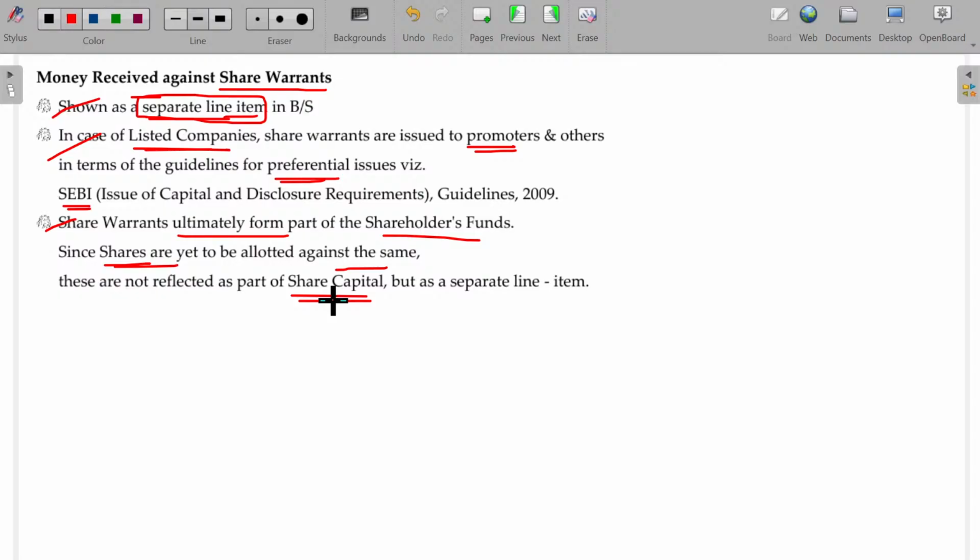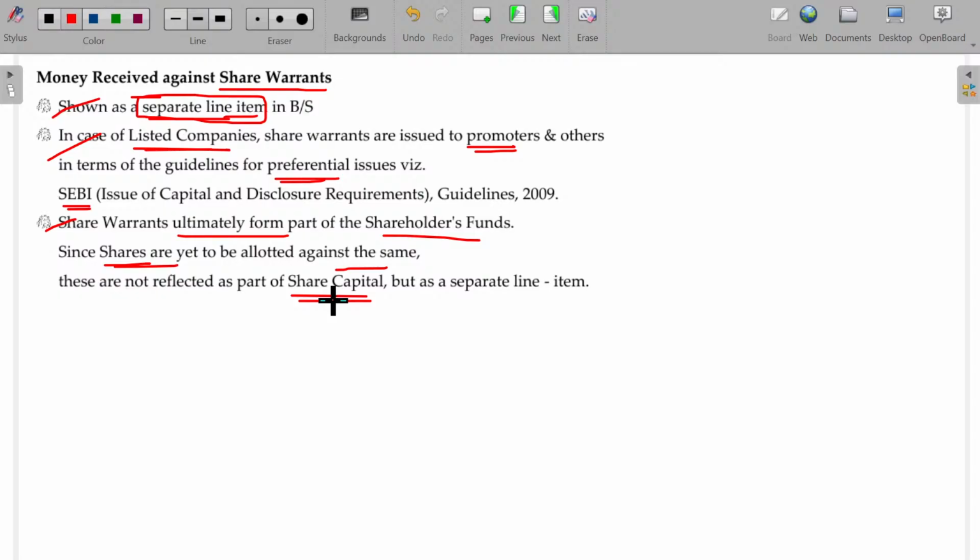You now have the coupon. You have to convert the coupon into share capital later on. Until that period, it remains a coupon only. The coupon is now the share warrant. Say I have given you a coupon to purchase a TV from a showroom. The TV may be 50,000 rupees, but the coupon is only 10,000 rupees. I give you this coupon for 10,000 rupees. Okay, you can go and convert your coupon into a TV. So you are going to save around 40,000 rupees, pretty happy.